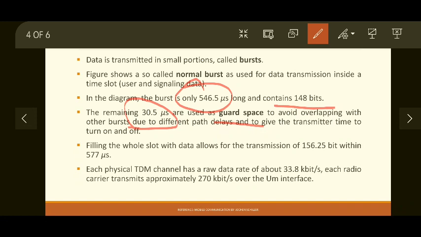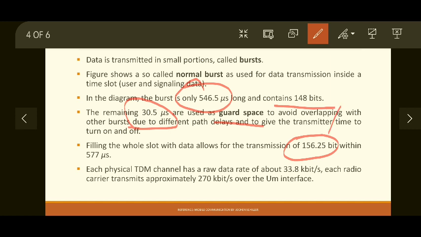So this allows the transmitter and receiver to activate themselves for their respective operation. Filling the whole slot with data would allow the transmission of 156.25 bits, which occupies 577 microseconds.